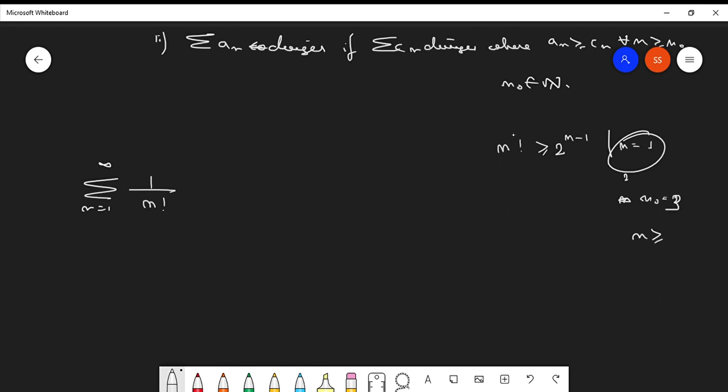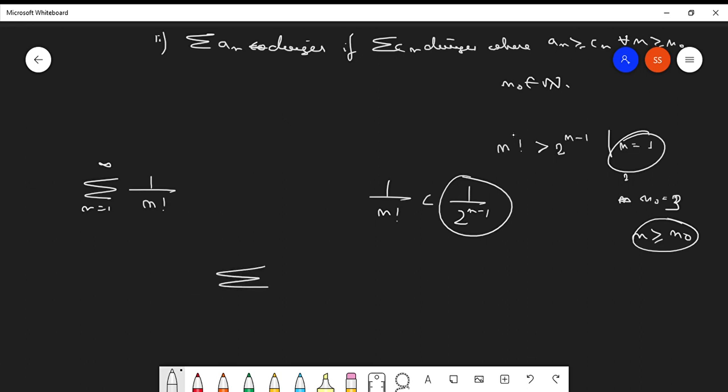So for n greater than or equal to n naught, we can remove the equality and keep the strictness. From here we can say 1 over n factorial is less than 1 over 2 to the power n minus 1. So we can form a geometric series, obviously.